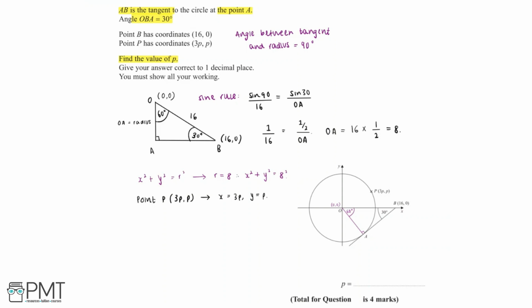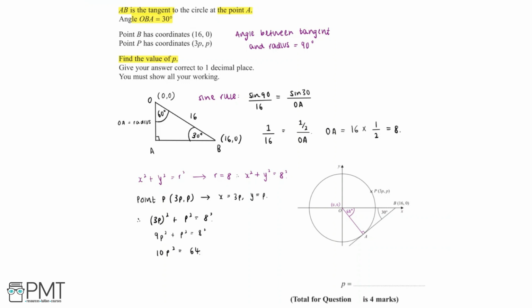And so substituting this in to x squared plus y squared equals r squared, we can say that (3p) all squared plus p squared is equal to 8 squared. (3p) all squared is equal to 9p squared. And so let's simplify this a little bit further. 9p squared plus p squared is equal to 10p squared, and 8 squared is equal to 64.